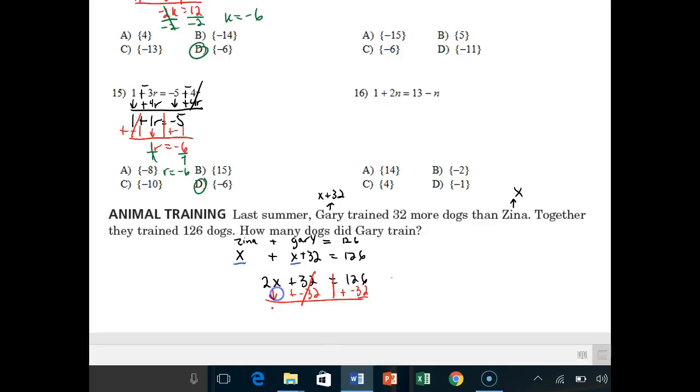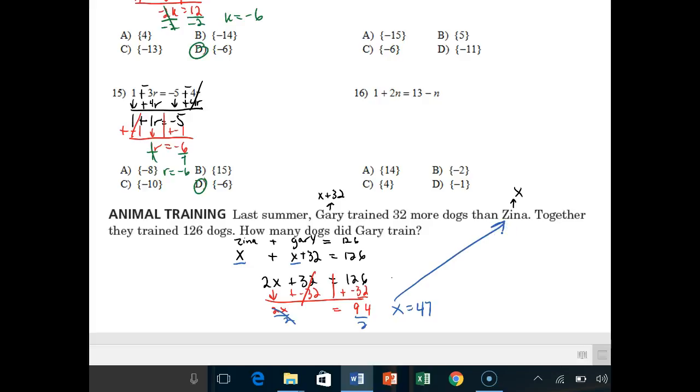That cancels out. Drop down your 2x is equal to, that's a 4 and that's a 9, so 94. Divide by 2. And x in this case is equal to 47. Right? Now that's not your answer, because x is what Zena trained.